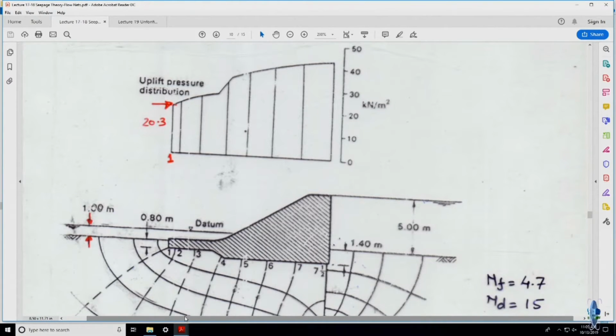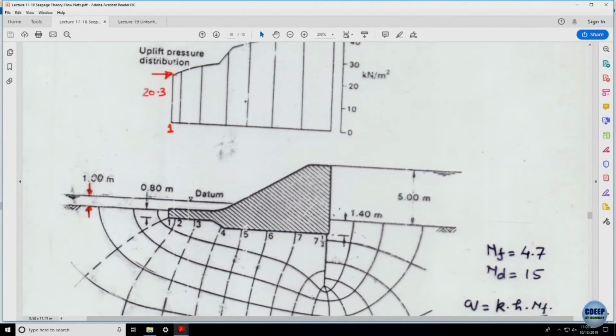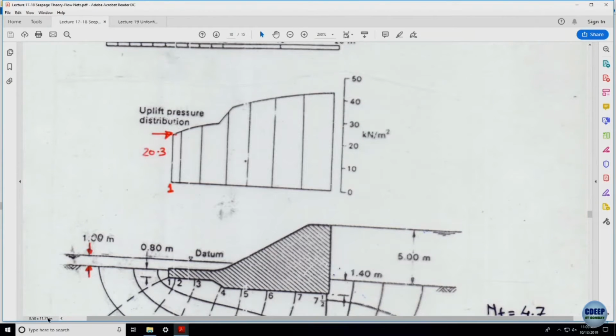So, please practice these situations, follow some book, and I think there should not be any problem. Once you know the pore water pressures, you can obtain the distribution of the pore water pressure which is acting at the base of the system, and then I can impose this pressure for finding out the stability of the dam. Now, with this I finish my discussion on confined flows.